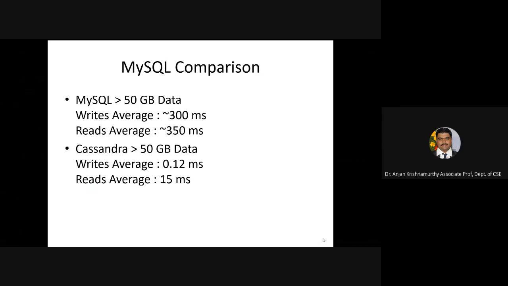Similarly, when you do a read operation, the average is somewhere around 350 milliseconds in the case of MySQL, and it is just 15 milliseconds in the case of Cassandra. So with this example itself, you will be able to understand the impact of time with respect to the comparison of MySQL.